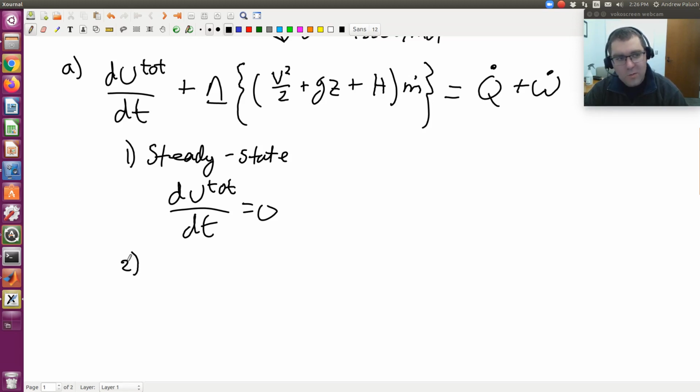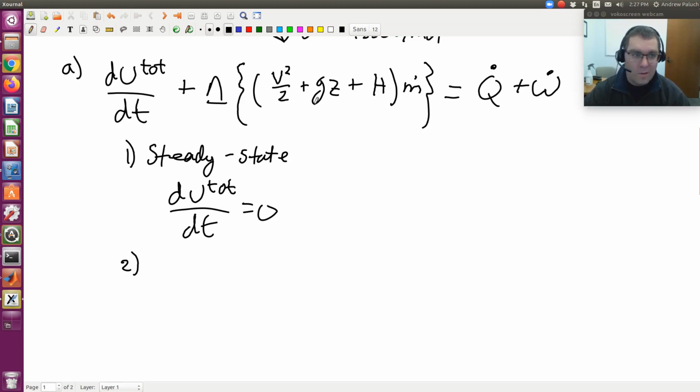Then the other assumption I'll make, if I think back to when we first proposed our first law balance for a closed system, on our left-hand side, we think of it as delta U is Q plus W. On the left-hand side, we could include changes in kinetic and potential energy, but what was shown in the book is that those contributions are typically negligible compared to changes in U. So we just ignored them and neglected those from our expression.